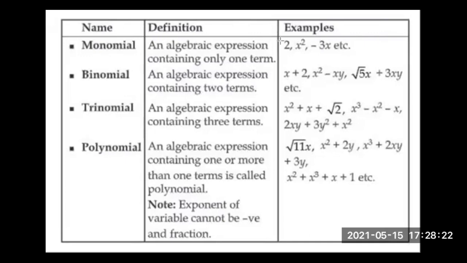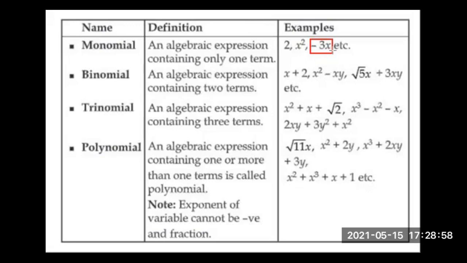Here you can see the examples: in the first example only 2 is there, that means only one term. In the next example only x square is there, only one term. In the next example, minus 3x, only one term. Here 3 is our constant and x is our variable.